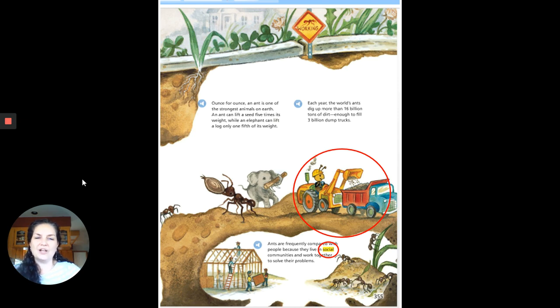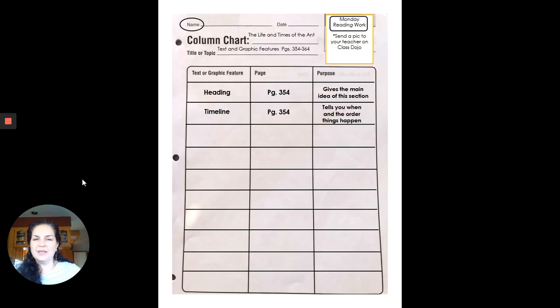Okay, so we're going to go ahead and go back to our graphic organizer. We've got the information we had before, and let's add a few more things that we just saw. We saw illustrations. That was this time on page 355. And the purpose of an illustration is to show information like in a picture form. If you need to pause the video, go ahead and pause and fill in your graphic organizer.